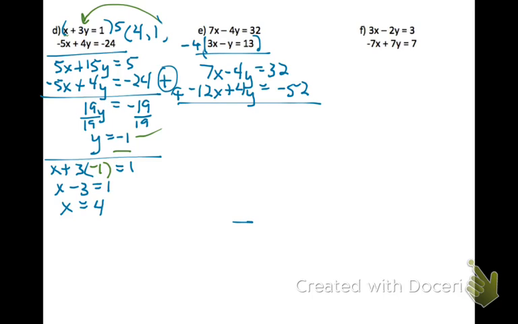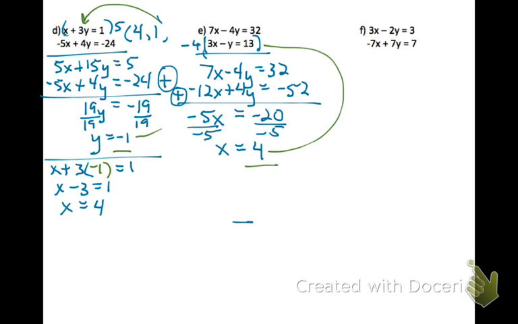So now I'm ready to add these two equations to eliminate my y's. So 7x's minus 12x's is -5. My y's will eliminate. 32 minus 52 will give me -20. Divide both sides by -5, so x equals 4.